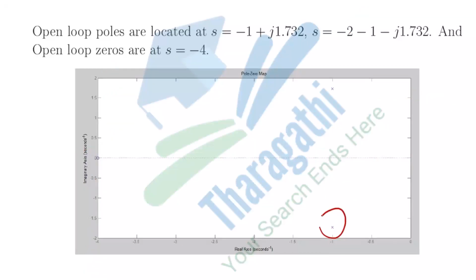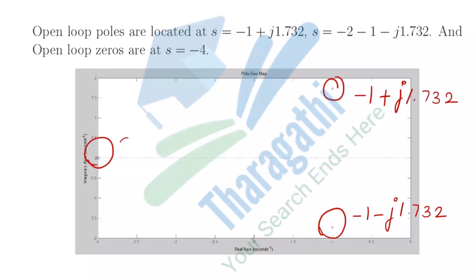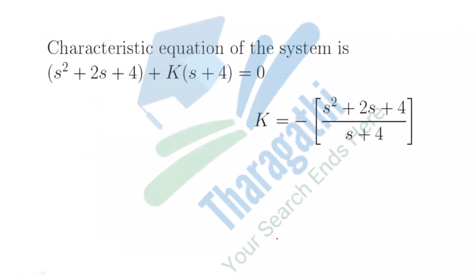So this is −1 − j1.732 and this is −1 + j1.732, and this is s = −4. So we identified the open loop poles and open loop zeros. Now we need to find the breakaway points.